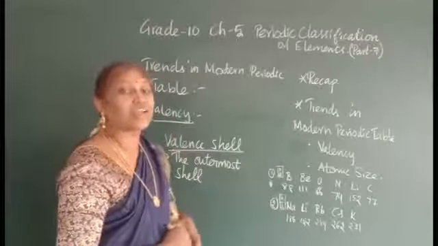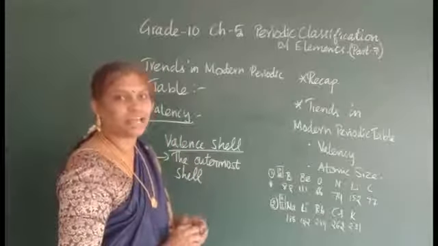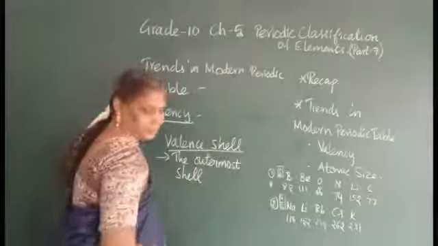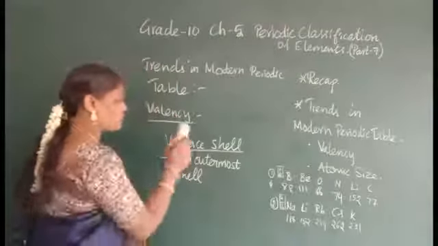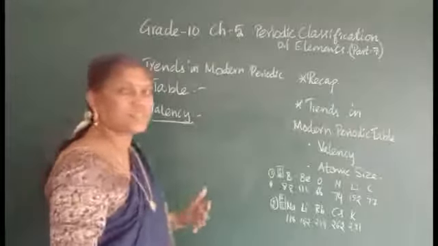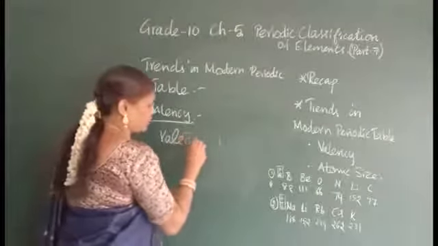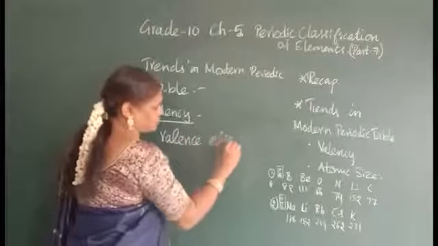So it is called the combining capacity of an element. How is it determined? By the outermost shell, and the electrons present in it are called valence electrons.